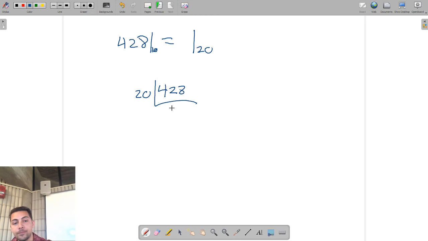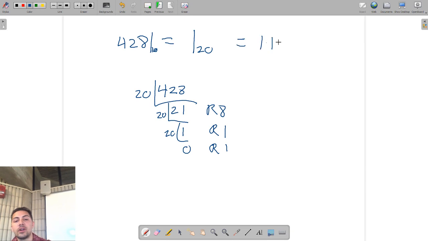So that's 21.4, or 21 times 20 is 420. So that's a remainder of 8. 21 divided by 20 is 1 with a remainder of 1. 1 divided by 20 is 0 with a remainder of 1. So it's equal to 118 base 20.